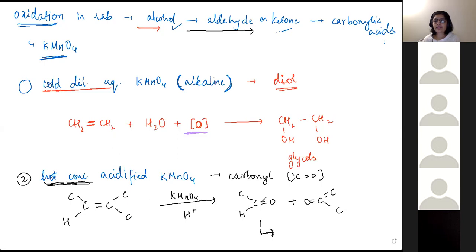So if you've got a CHO group over here, the hydrogen is also going to get oxidized to OH. Another oxygen is going to get added, so you end up with C(=O)OH, a carboxylic acid.